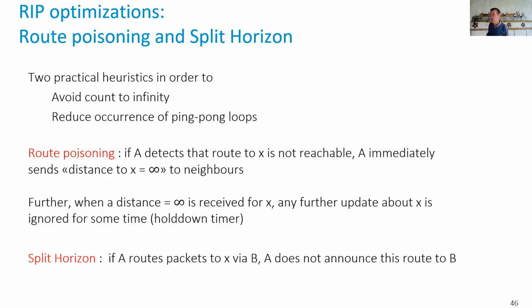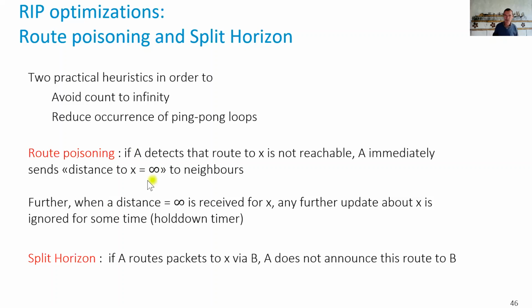And in fact, in the example we saw before, the count to infinity was coming from the fact that A was repeating obsolete information to B that it had obtained from B before the failure. So avoiding that entirely is called split horizon.